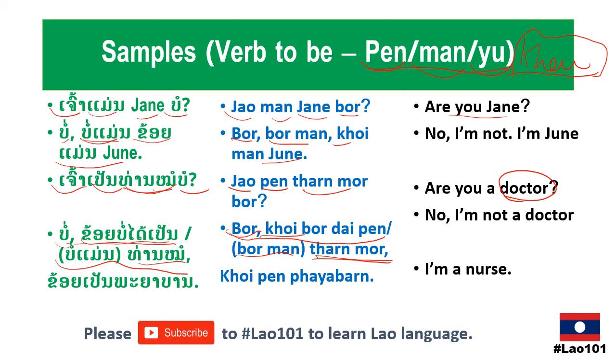No, I'm not a doctor. So there are two different ways to say this. ข่อยเป็นพยาบาล. I'm a nurse.